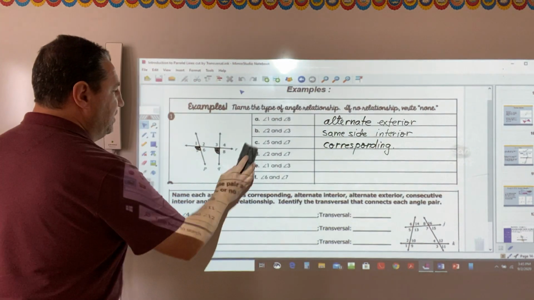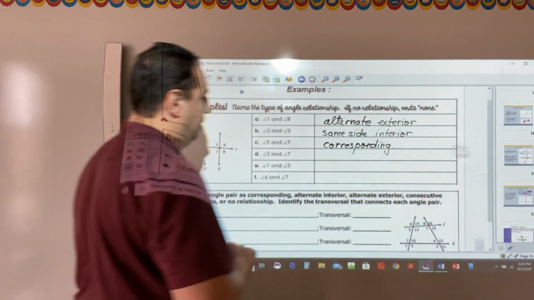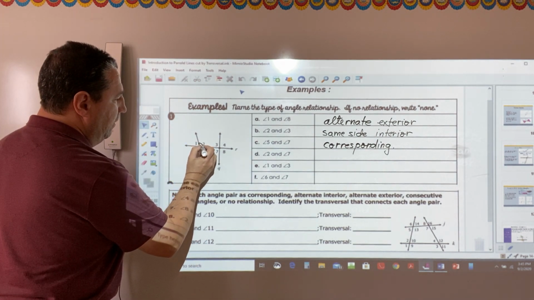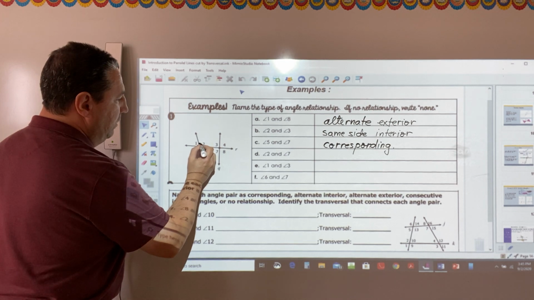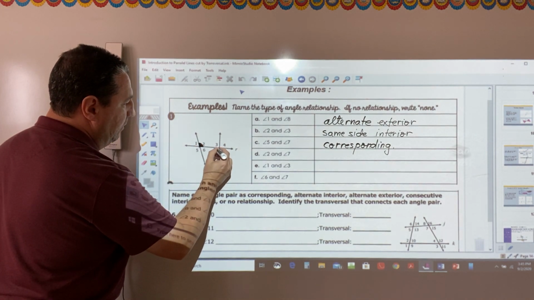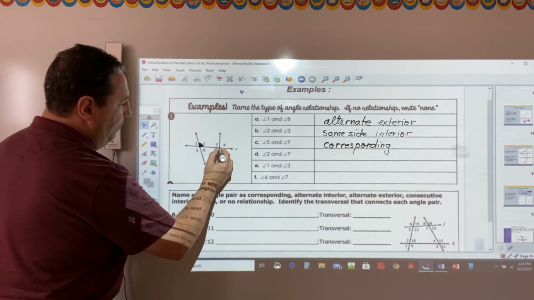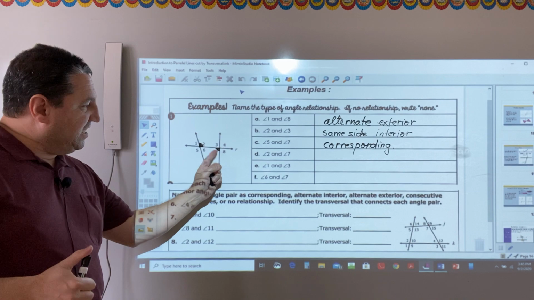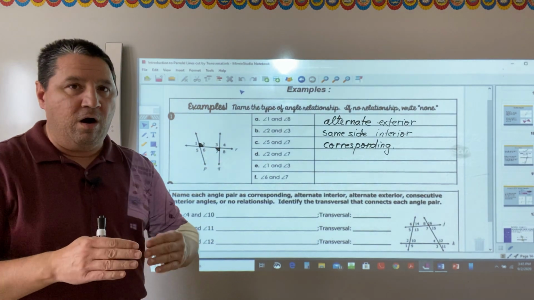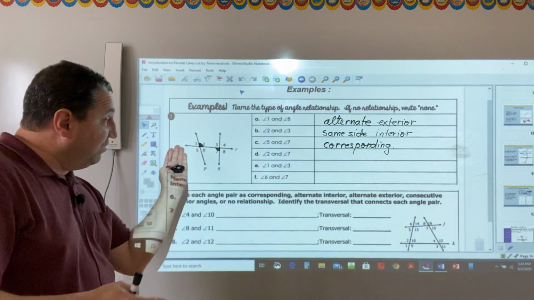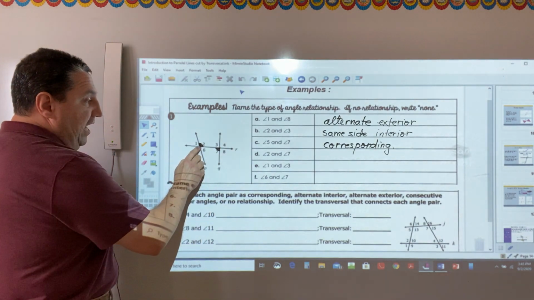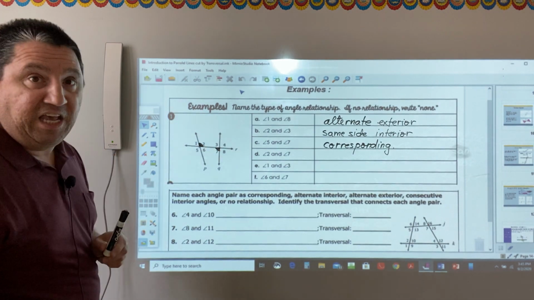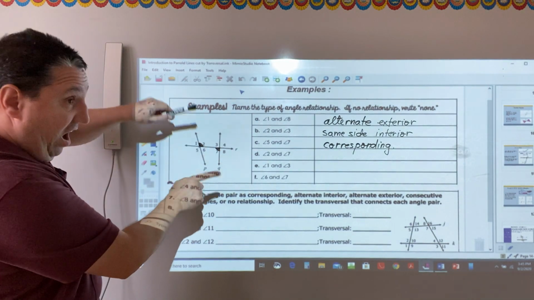Next, angles 2 and 7. Again, we mark the angles 2 and 7. Now, as we can see, 2 and 7 are on opposite side of the transversal. 2 is above the transversal, but 7 is below. So they are alternate.